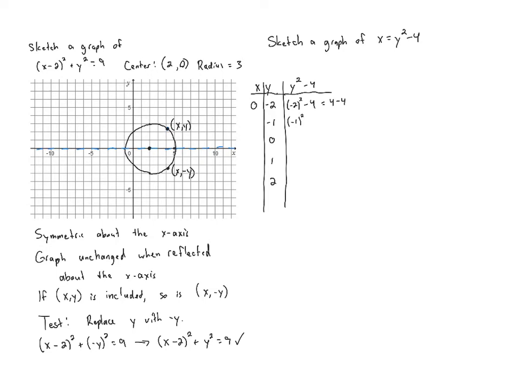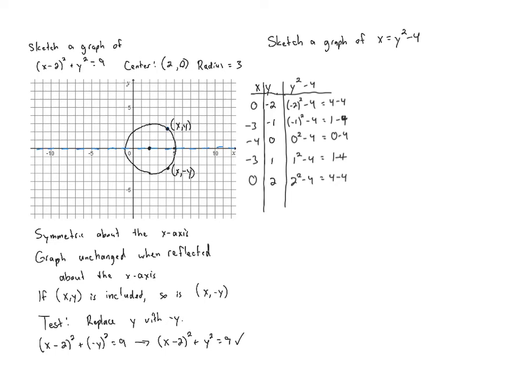Now we can plug in -1. -1 times -1 is +1, so we end up with 1 minus 4, which is -3. If we plug in 0, 0 squared is just 0, and 0 minus 4 is -4. Let's try the positives now. 1 squared is 1, 1 minus 4 is -3. 2 squared is 4, 4 minus 4 is 0. So we've got our points.